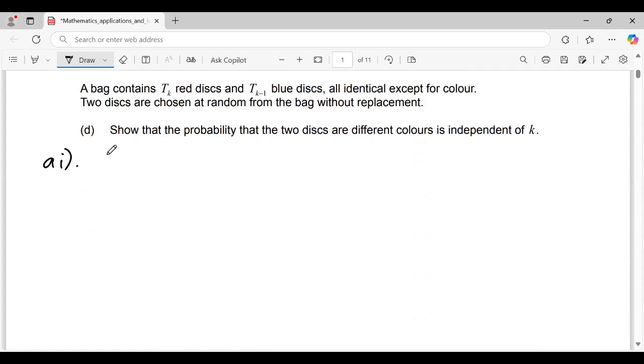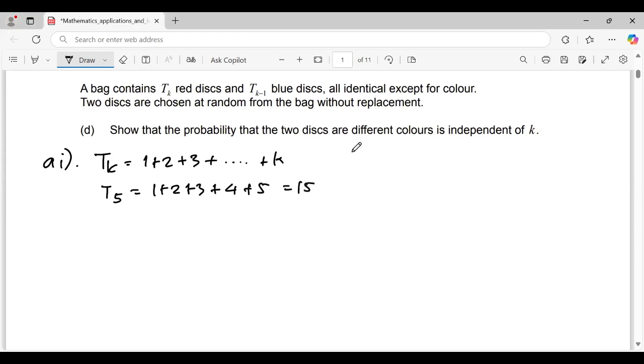According to the sigma, Tk equals 1 plus 2 plus 3 plus up to k. If k equals 5, it means T5 equals 1 plus 2 plus 3 plus 4 plus 5 equals 15.